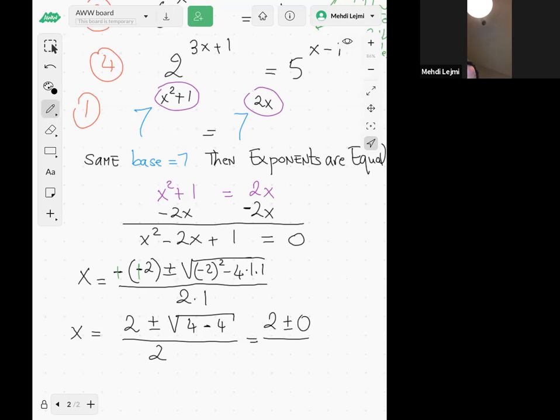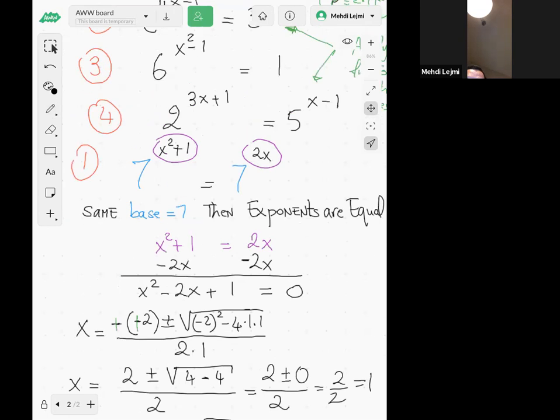So it's just 2 over 2, and we have only one solution here, x equal to 1. So the answer is x equal to 1. Any questions, guys, about this number 1?